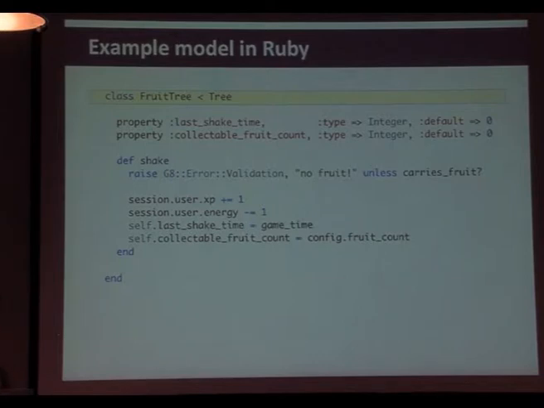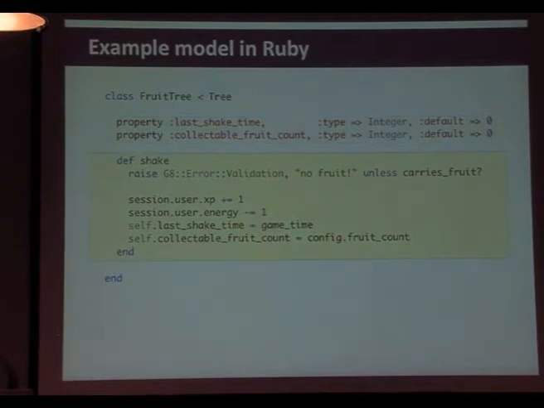Our little fruit tree can happily inherit from a tree class, and on top of the properties that the tree might already have, also define new properties. These are also declared in a declarative way. Again, it looks almost native to the language, but it's just us hooking up these properties to the message that will get sent back, defining what the state of this tree looks like.